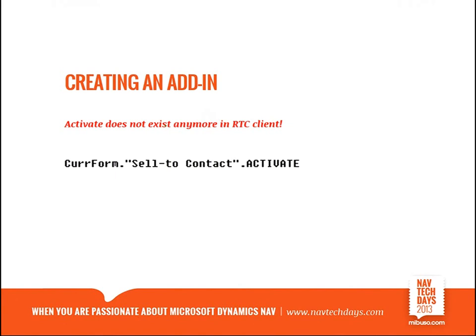I've seen some customers who had really interesting solutions based on this activate functionality. After upgrading to the new 2013 version with the RTC client, they had quite big problems, because they couldn't use the activate functionality. So what we will try to do right now is I will show you a very simple add-in which allows you to use the activate functionality in the RTC client, to put focus on a field.